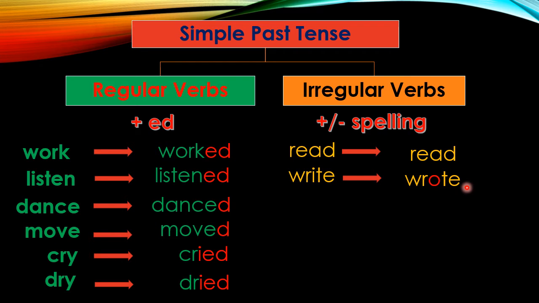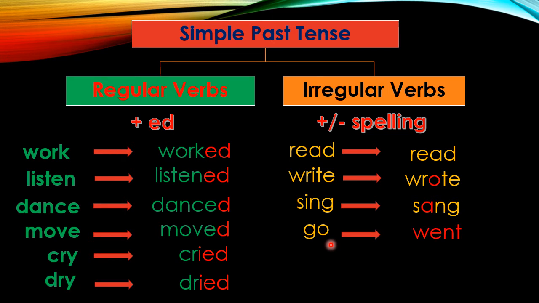Past tense of write is wrote, so we change one vowel there. For the word sing, simple past tense is sang. The word go, we have to change its spelling and becomes went. For the word think, it will become thought.